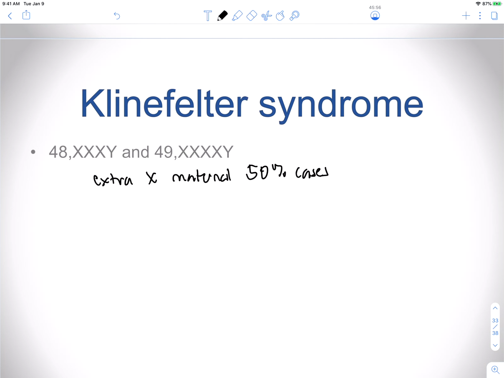You can have mosaicism. They can have viable sperm. And oftentimes this is going to be diagnosed during puberty. Testosterone can treat for those secondary sex traits.